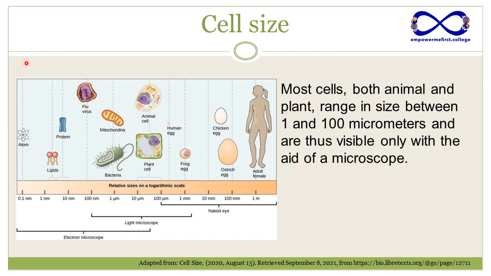Okay, this scheme is very important because we can easily identify what we can see just using, for example, our eye, the naked eye, or what we can see using a light microscope, that is a particular kind of microscope, or what we can see using an electron microscope.